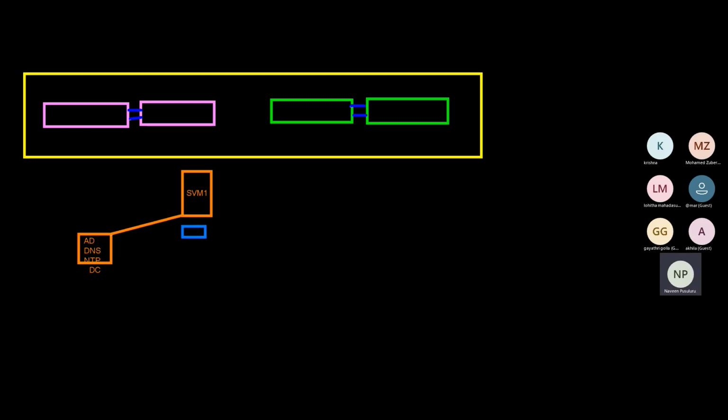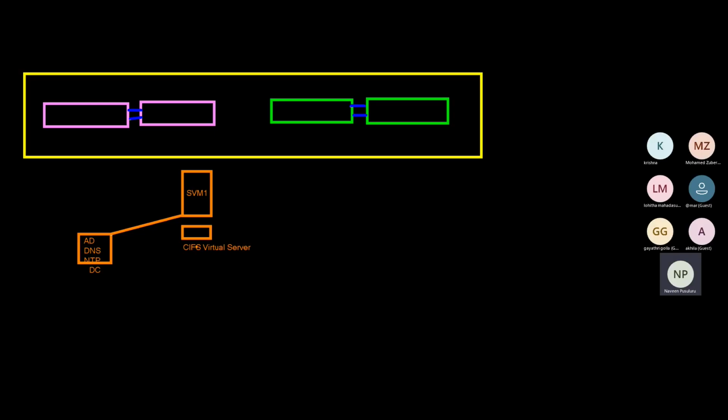So after enabling the communication, I'm going to configure another virtual server. My SVM is already a virtual server, right? I'm going to configure a CIFS virtual server on top of that SVM.